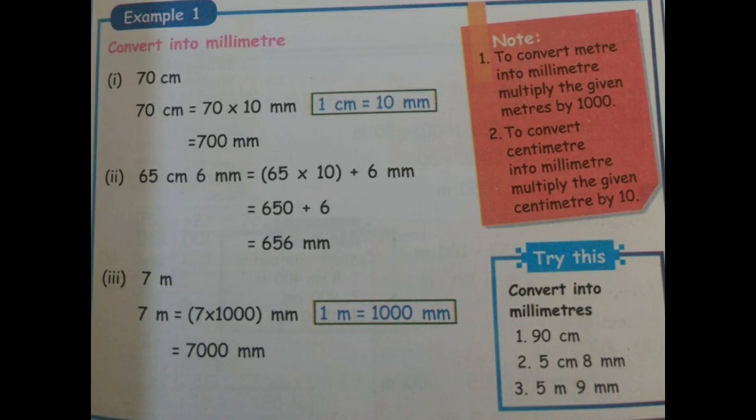For example, here 70 centimeters we have to convert into millimeter. To convert centimeter into millimeter, we have to multiply the given centimeter by 10. Let us see how it is possible.